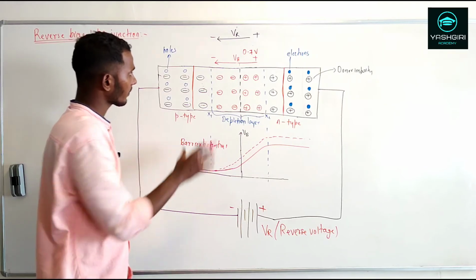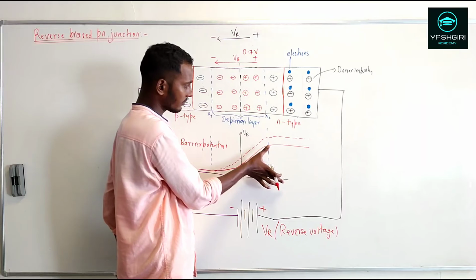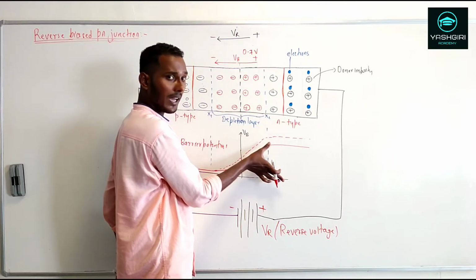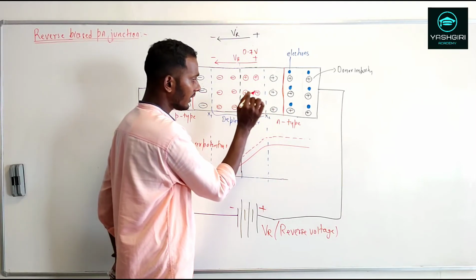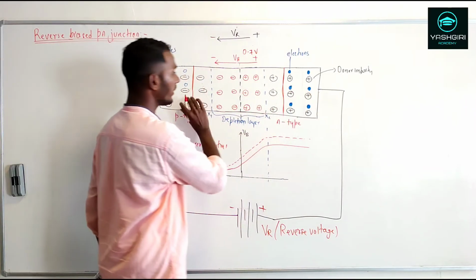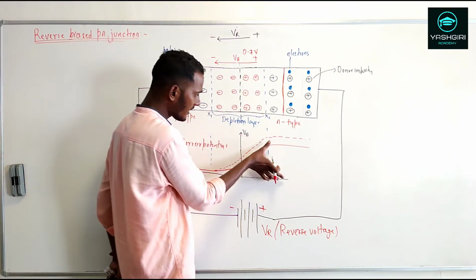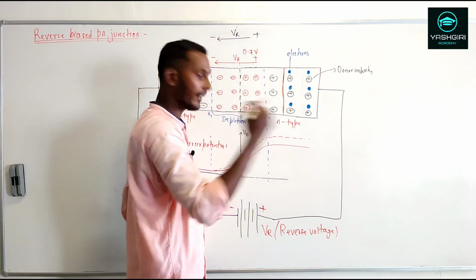Now here you see there's an increment in the barrier potential. When there's an increment in the barrier potential, it will oppose the further movement of charge carriers from both sides of the region crossing the junction, right? So this increase in barrier potential offers a higher resistance.